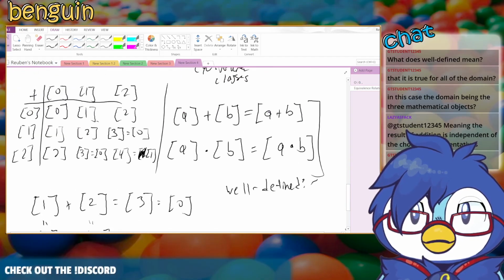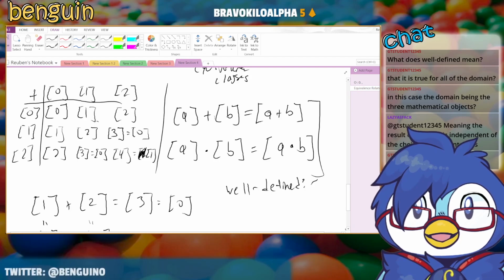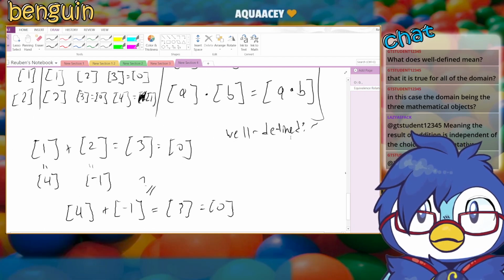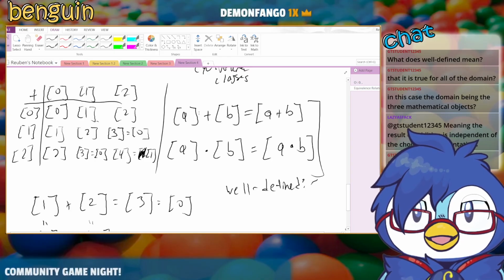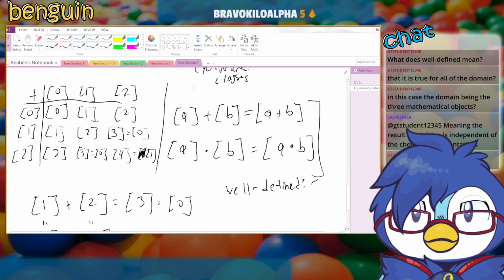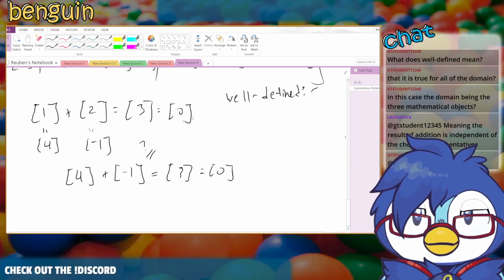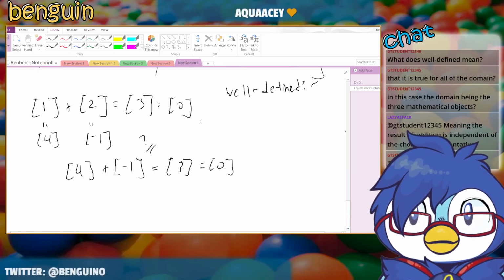By saying that it's well defined, what we mean is that you can always swap out any representative with any other representative, and you would still arrive at the same answer, which is a very useful property to keep in mind.